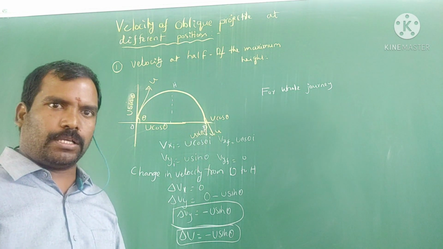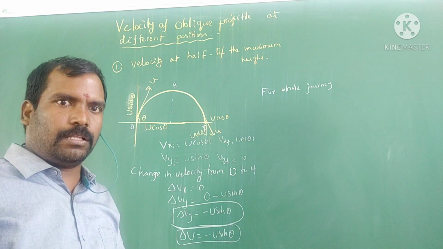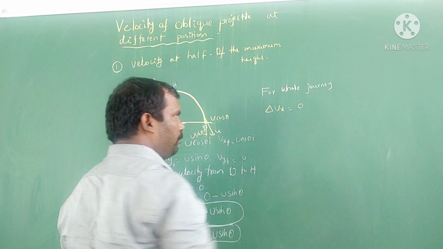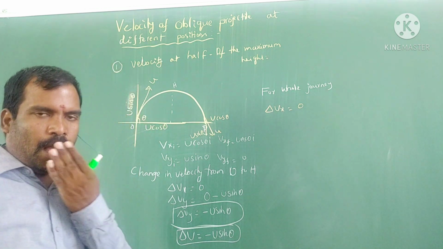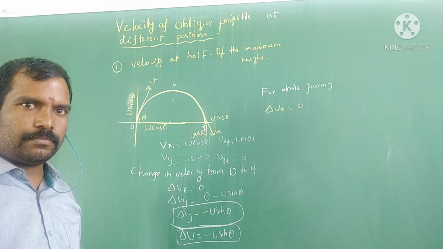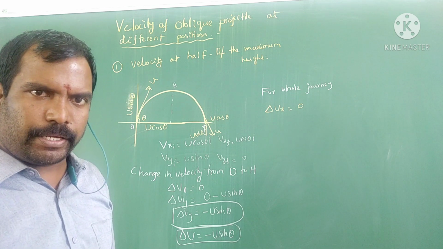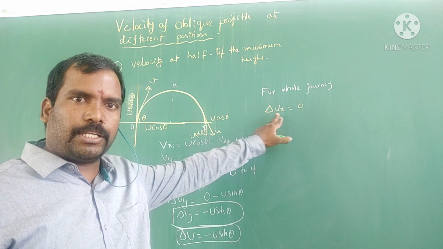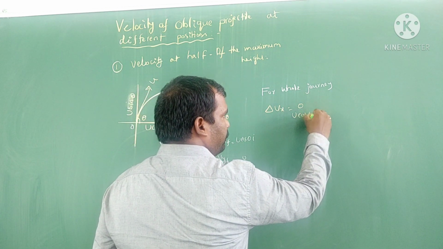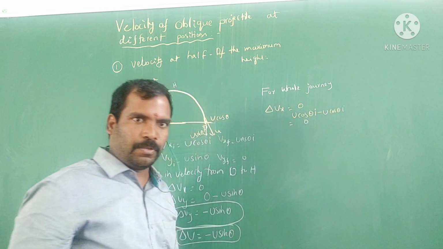Here also the change in velocity on the x-axis is equal to 0. When we calculate the initial and final values, they are the same, that's why for the whole journey it is 0. This is u cos theta i minus u cos theta i, which gives 0.